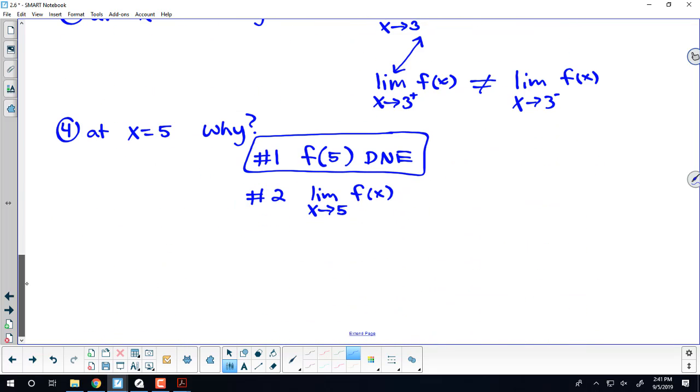Technically we should be specific: the limit as x approaches 5 from the left, and the limit as x approaches 5 from the right. Both of those are infinite. But does that mean the limit exists? No, limits are finite numbers. Even though we can quantify that as x gets closer to 5, the function keeps growing, that doesn't mean there's a limit there.